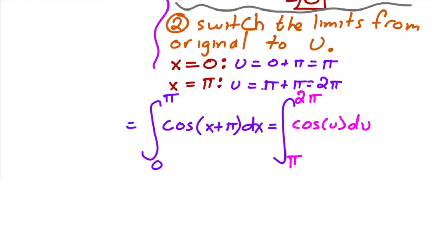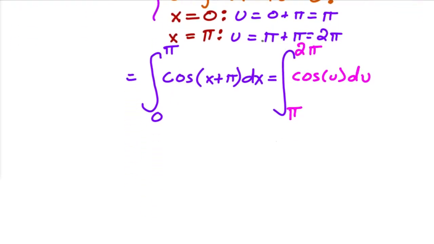Now, then you find the antiderivative, which is just sine of u. And in this case, now that you've swapped these values from x's to u's, you can simply plug in pi and 2 pi.